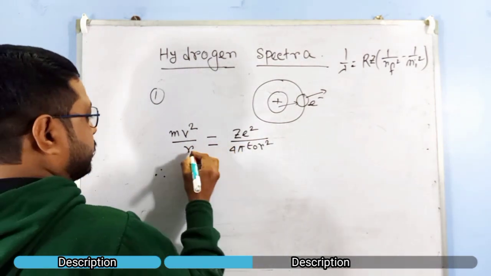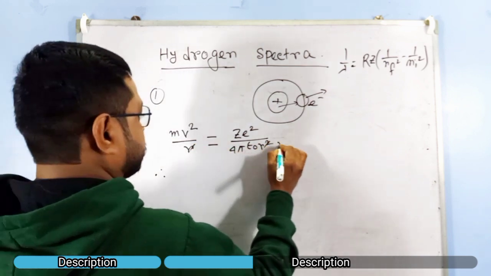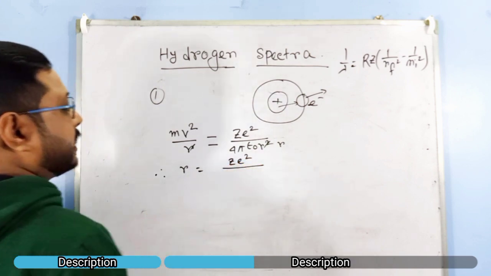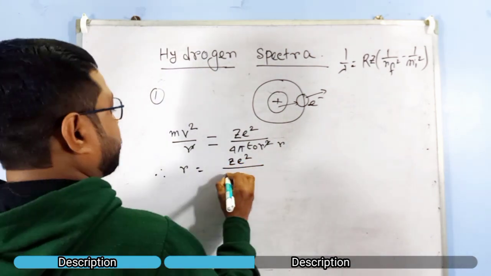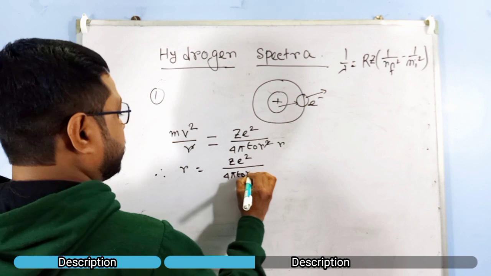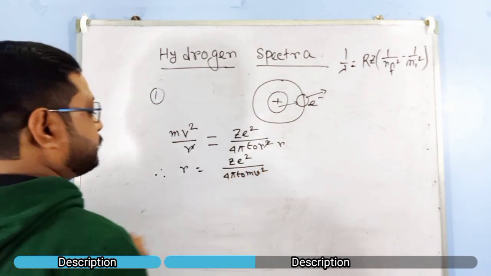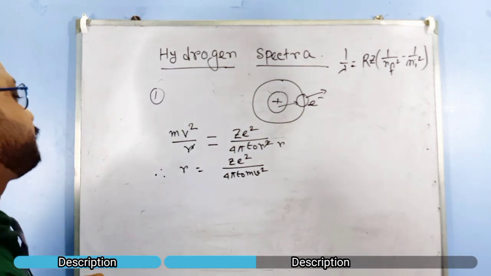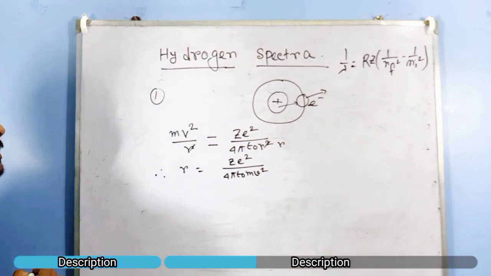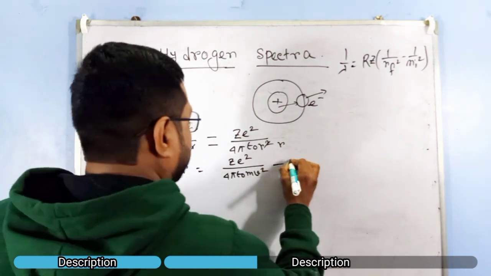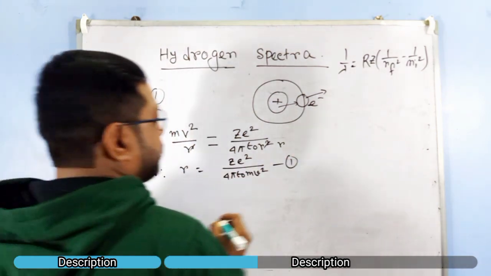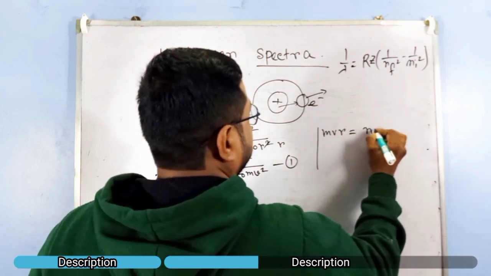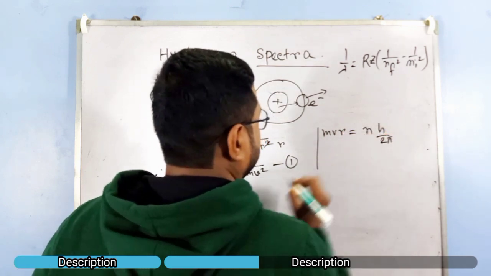What is the value of r? r equal to Z e square divided by 4 pi epsilon naught m v square. Now, according to Bohr's quantum condition, the angular momentum must be an integral multiple of h by 2 pi, that is n h by 2 pi.